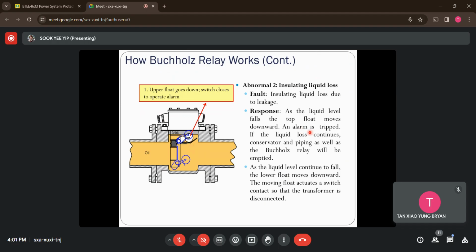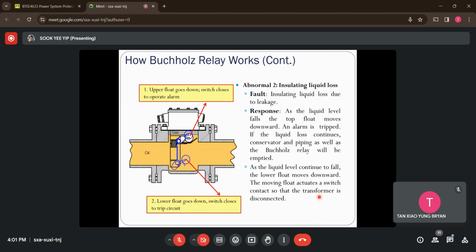We have an alarm being triggered. Then the oil level continues to reduce until a level where the lower float position moves downwards. That's how the lower switch turns on. Whenever the lower switch turns on, it will form a closed connection for a tripping circuit. As a result, the transformer will be disconnected from the power system.